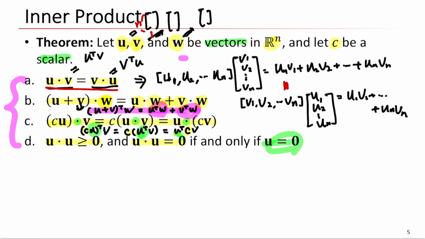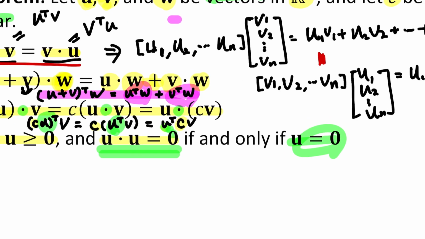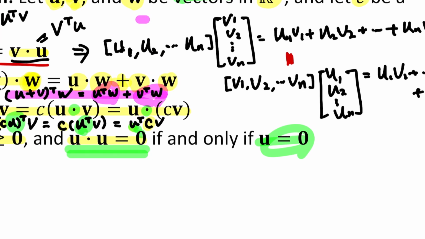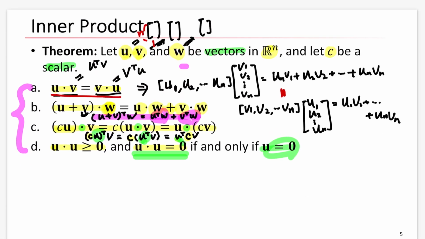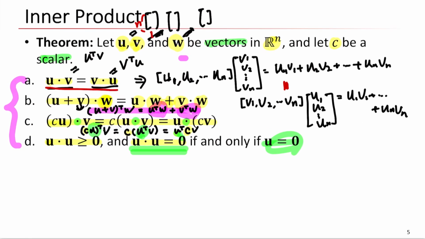So it means that if some arbitrary vector satisfies this statement, then it inherently means that u is equal to 0. Okay, in other words, if u is equal to 0, then the dot product of u with itself is equal to 0. Okay, so these are the four properties of the inner product.